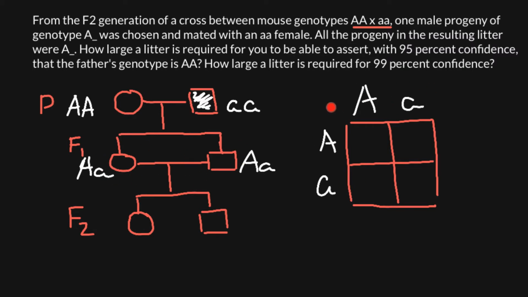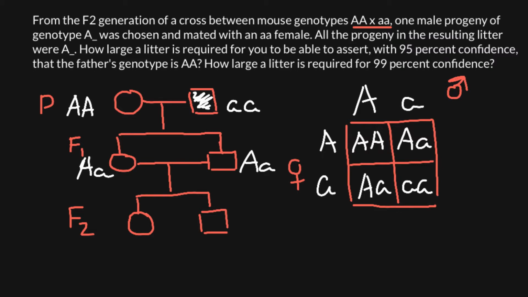Let's say this is the female side and this is the male side. We can expect that 1/4 of the progeny would be homozygous dominant, 1/2 heterozygous, and 1/4 homozygous recessive.